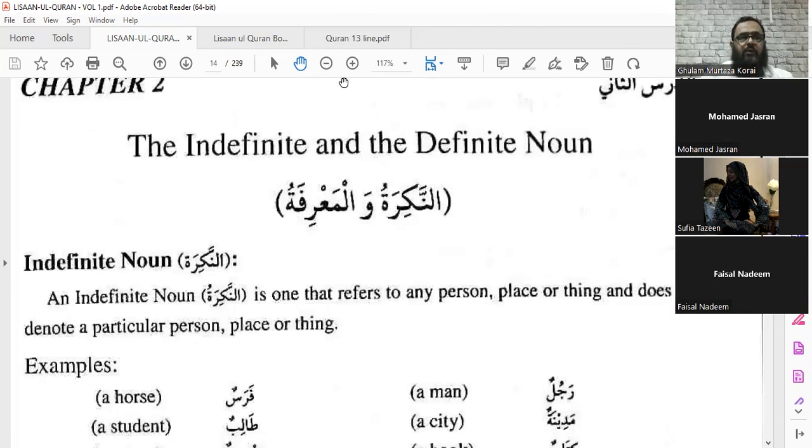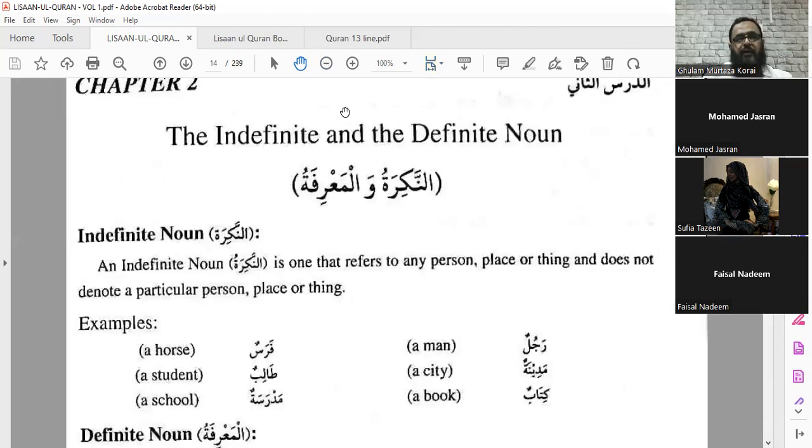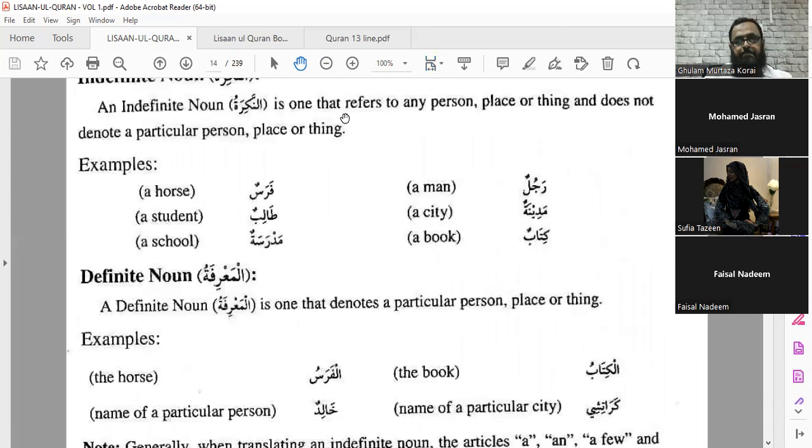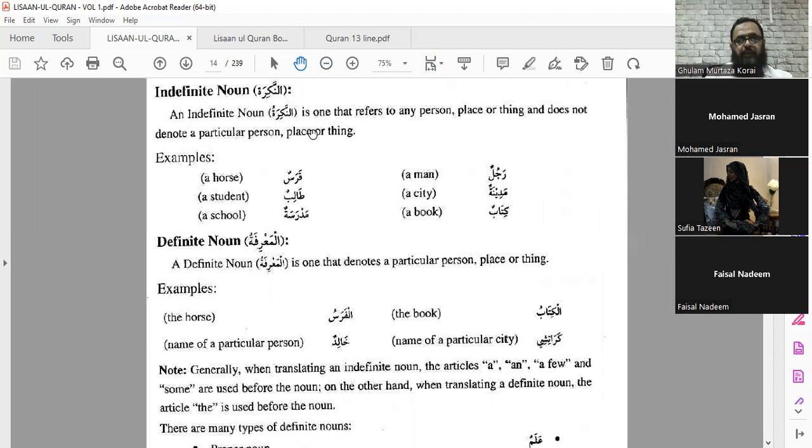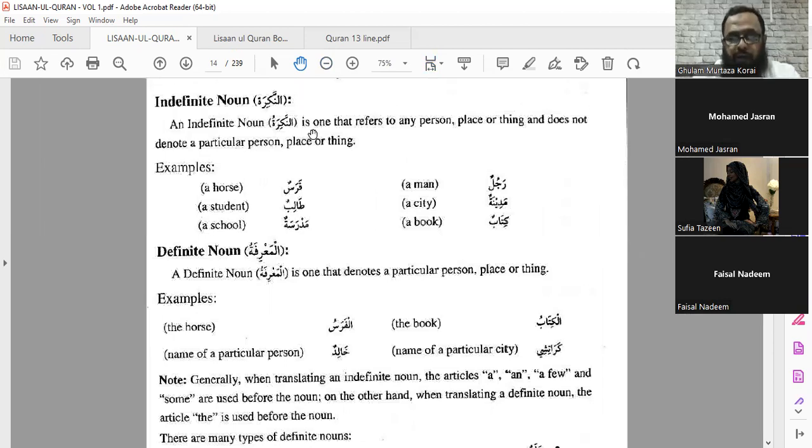When we talk about al-ma'rifa and an-nakira, before I tell you, let me give you a very simple example of a common noun. Common means shared, given in common to a class of people. Common means shared by all the people who fall in that category or class.